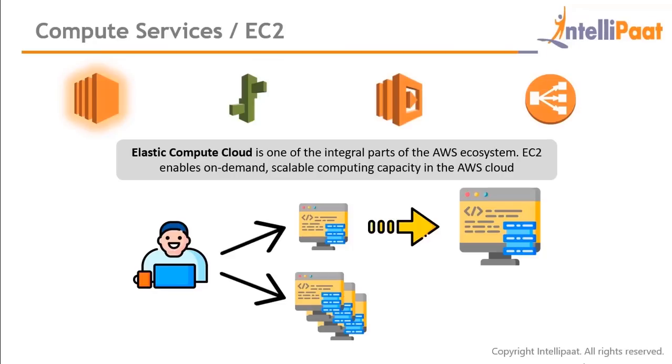So, for example, if you own a Macintosh and you want to run a Windows application on it which is not compatible with your computer, instead of buying a laptop or a new desktop, you can just opt for a virtual machine on the AWS cloud in which you can run your Windows application for a short time and pay only for what you use. Also, this illustration says that you can increase your system specifications or rent multiple virtual machines on the same specifications. Moving on to the next service.